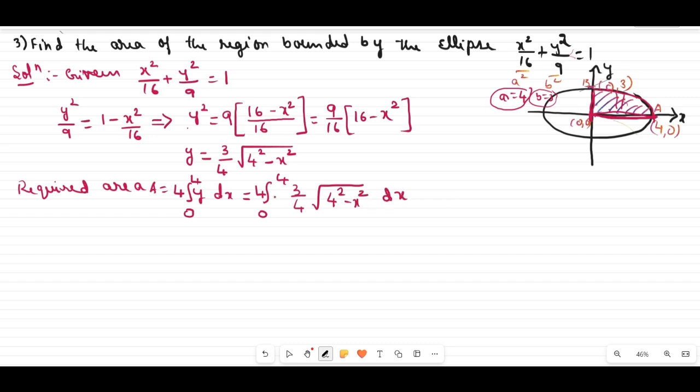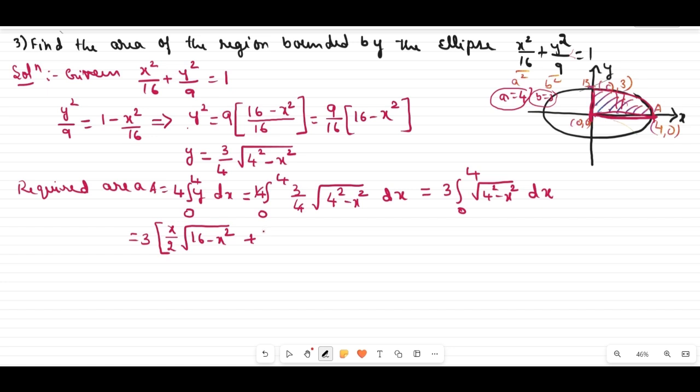Take 3 by 4, the 4 gets cancelled, only 3 remains. So 3 into integral 0 to 4 of root of 4 square minus x square with respect to x. Let me apply the formula for this, 3 times. What is the formula? x by 2 into root of 16 minus x square plus 4 by 2.